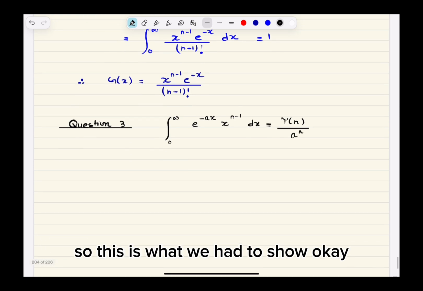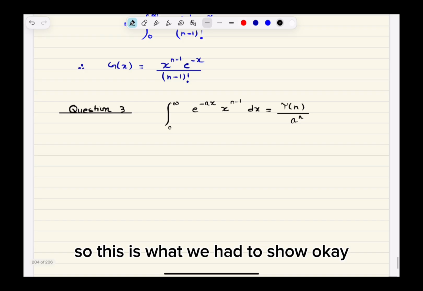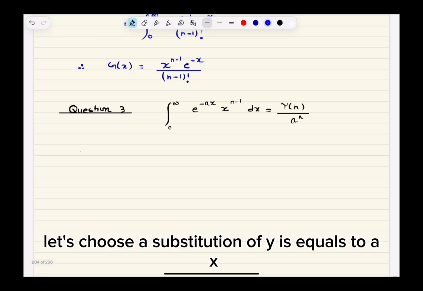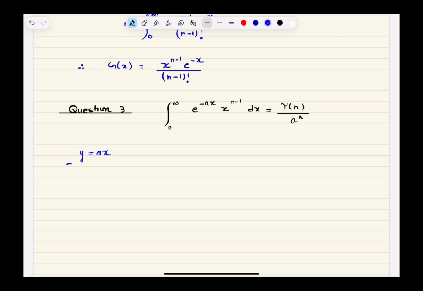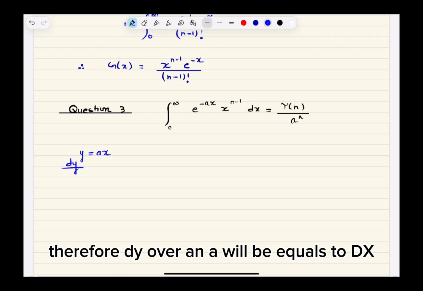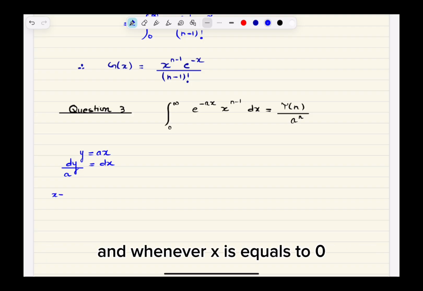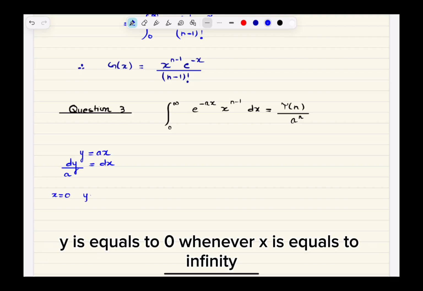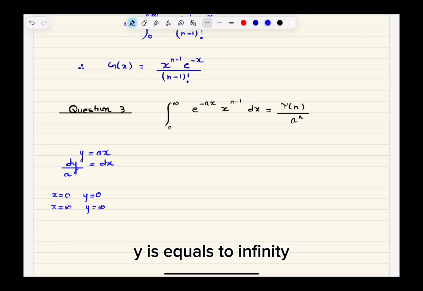So this is what we had to show. Let's use the substitution y equals ax. Therefore dy over a equals dx, and whenever x is 0, y is 0. Whenever x is infinity, y is infinity.